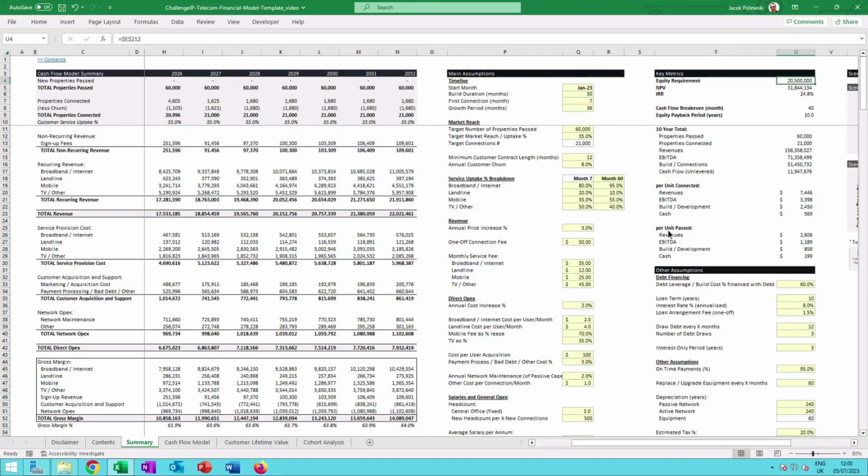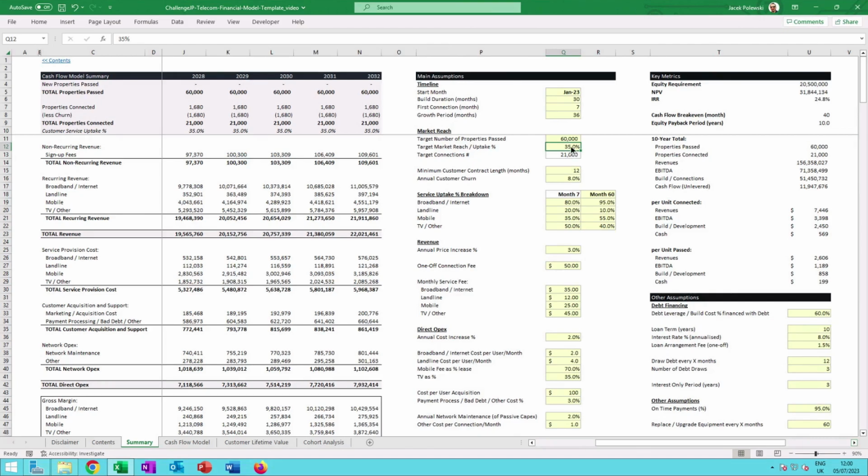So you can run a sensitivity test on your model, stress test your model. For example, you can test what would happen if my market reach went from 35% to 25%. We want to see whether I'm still generating positive returns in my model. So let's change that to 25%.